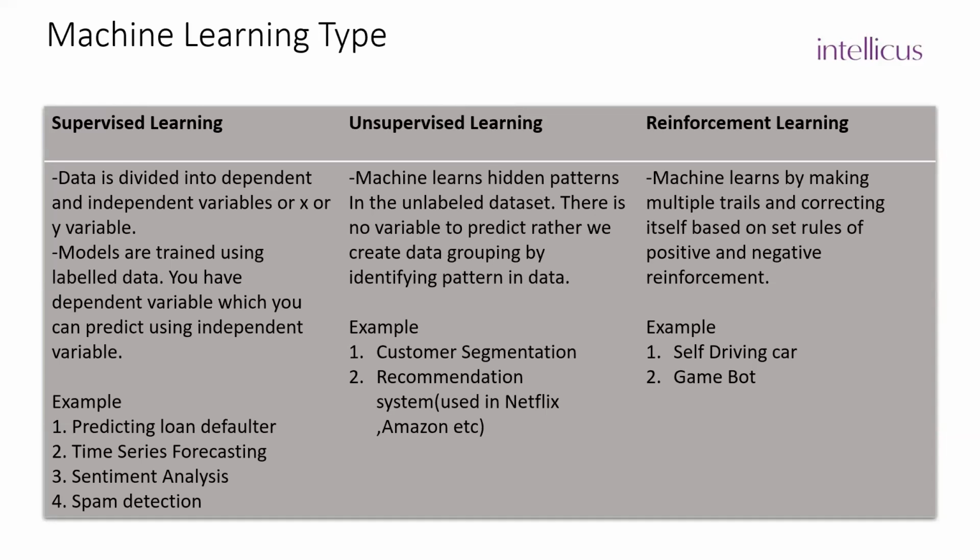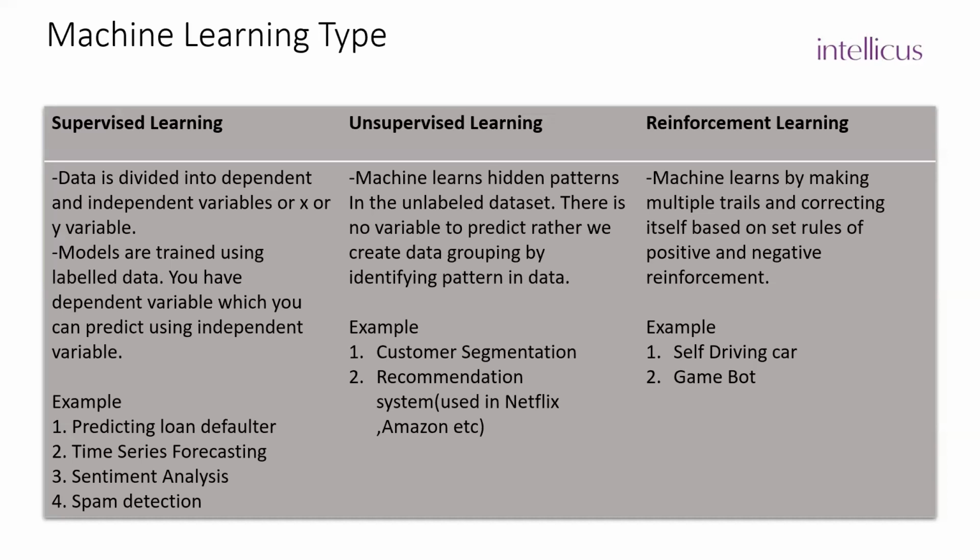One example would be a loan defaulter use case, where a bank would try to predict whether someone would default on a loan or not based on certain attributes like the salary, the CIBIL score, or the employment type of that person. Here the data is labeled as defaulter being yes or no. So this is a case of supervised learning.